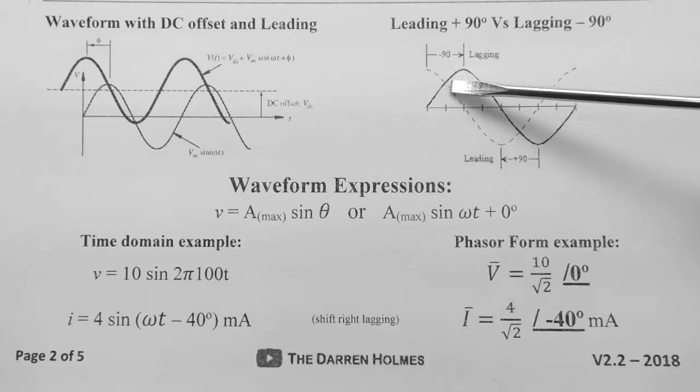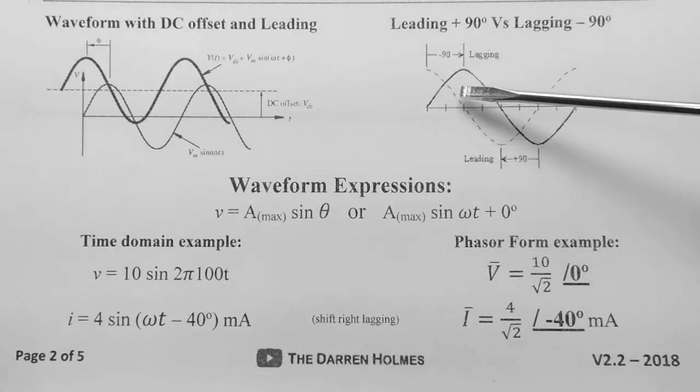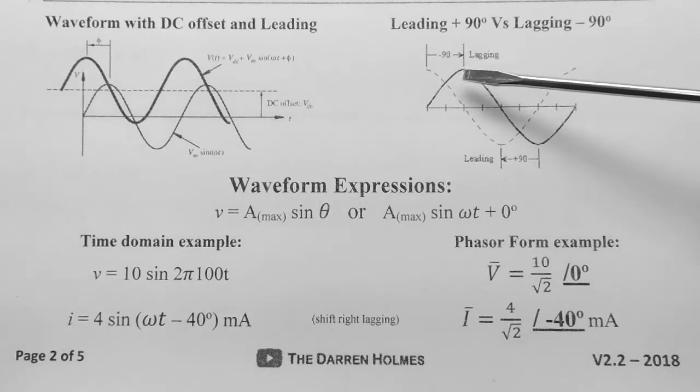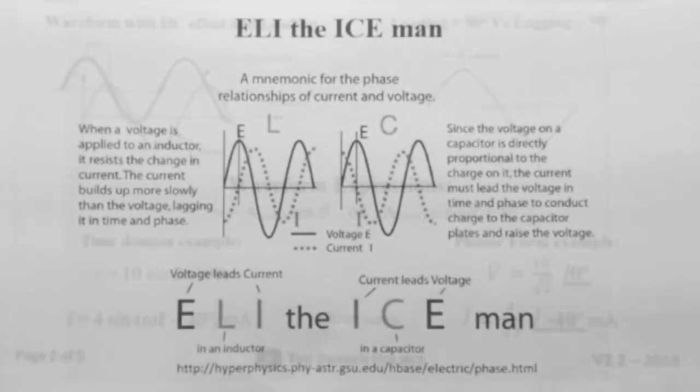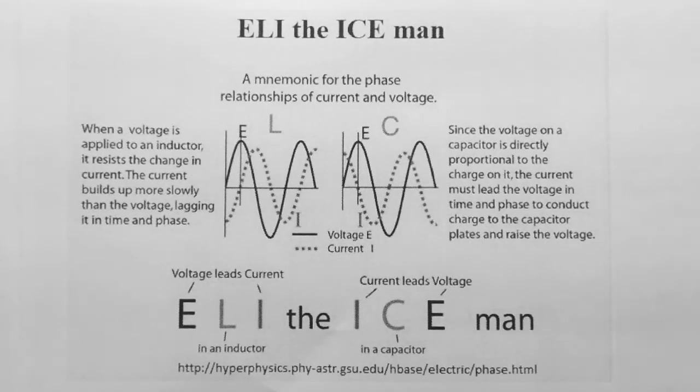When we're looking at the dotted waveform, comparing it to the solid waveform is actually lagging by 90 degrees because it happens after. So when we're working with RC or RL circuits, we need to remember whether the current is leading the applied voltage or lagging the applied voltage.